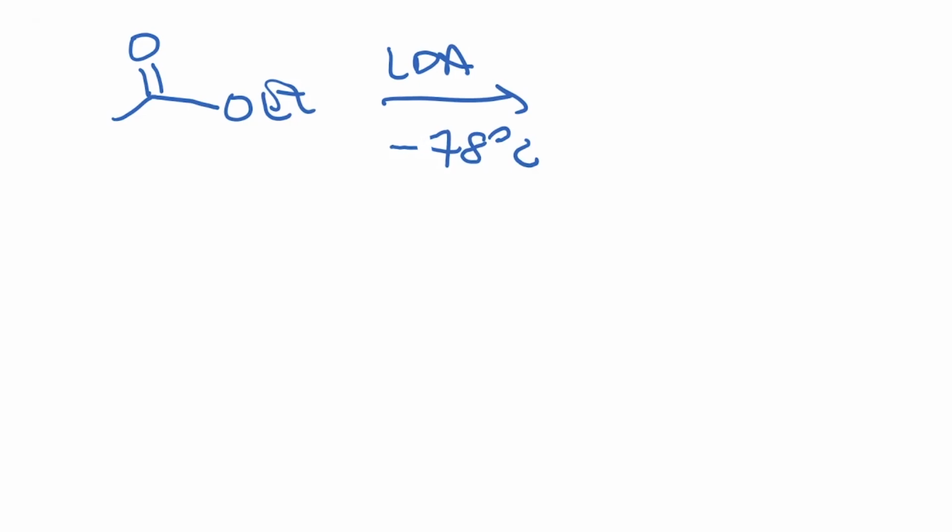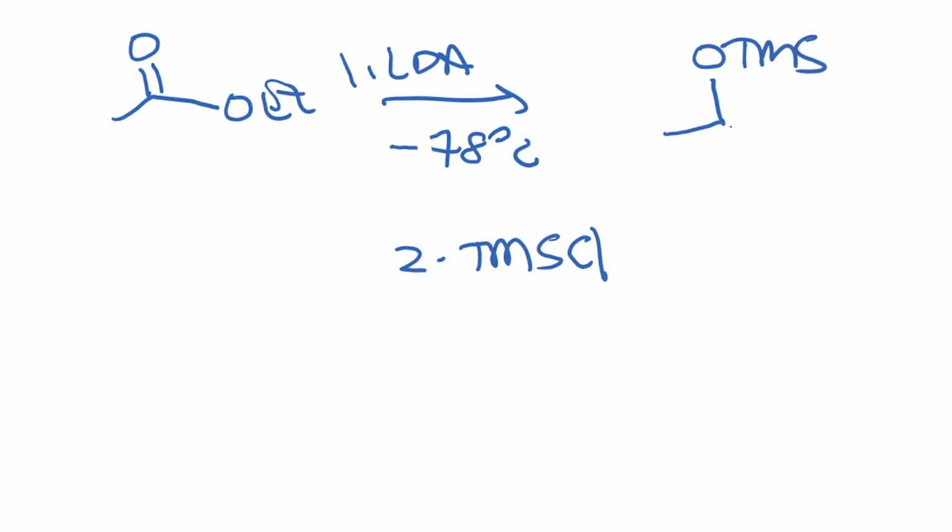This is step number 1, and step number 2 is to add TMSCl, and the product that you get is the O-TMS, OEt double bond. So this is your silyl enol ether of the ester.